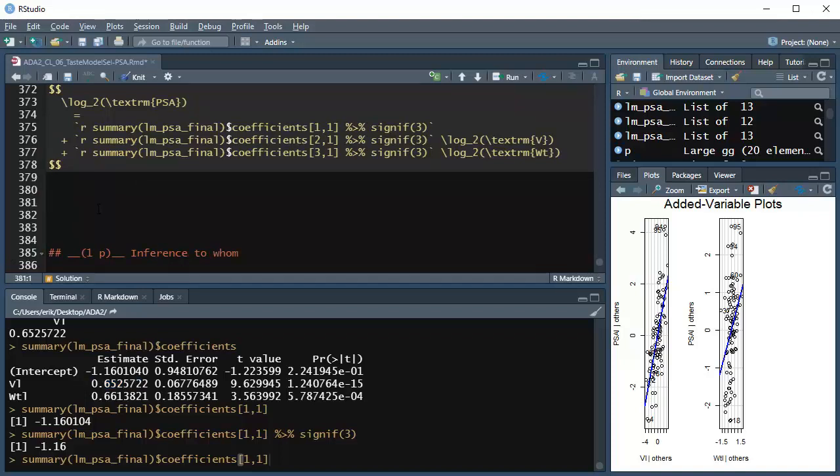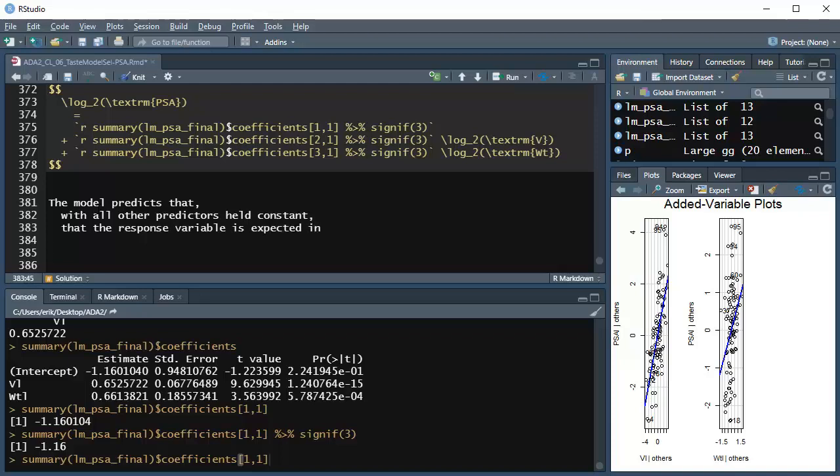It is, the model predicts that with all other predictors held constant, the response variable, we'll fill in the actual things later on, is expected to increase beta units for each unit increase in the x variable.